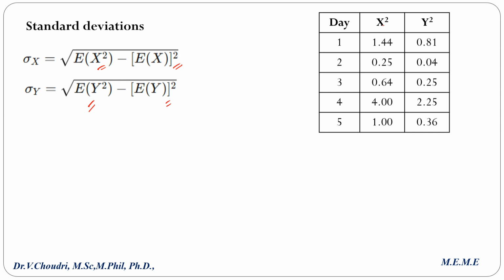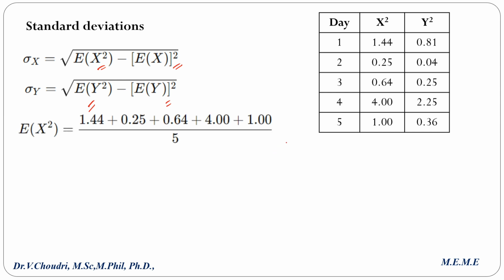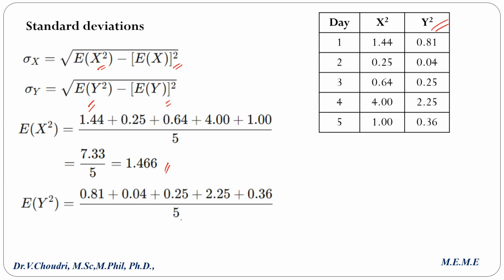Now X data square, Y data square. Sum of all the values, E of X square, divided by 5 equals 1.466. And the sum of Y square values divided by 5 equals 0.742.